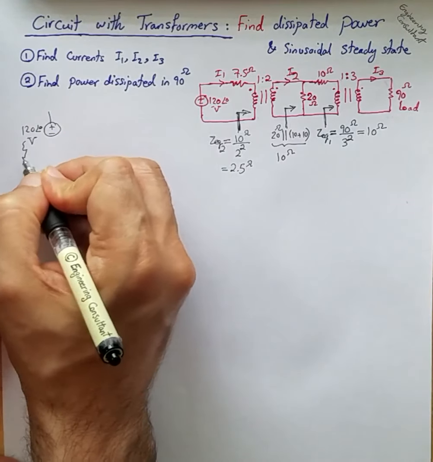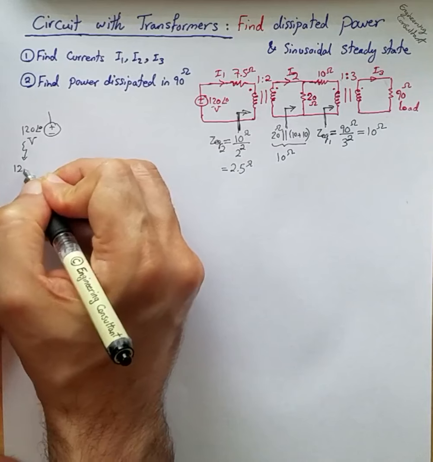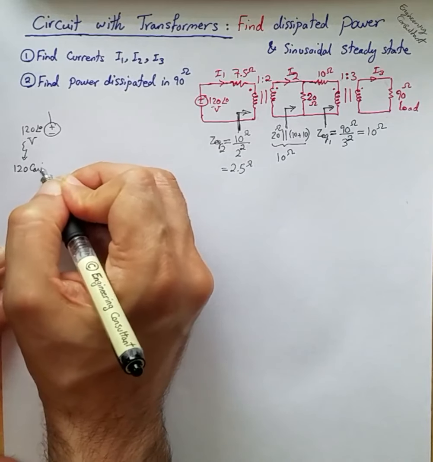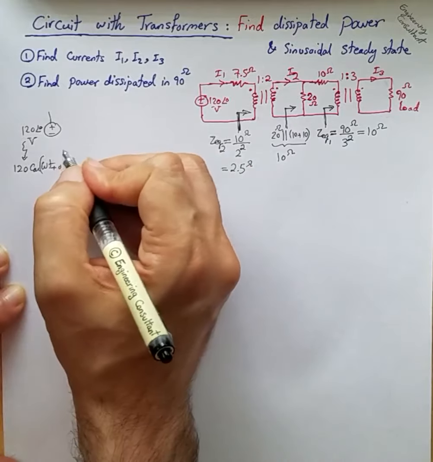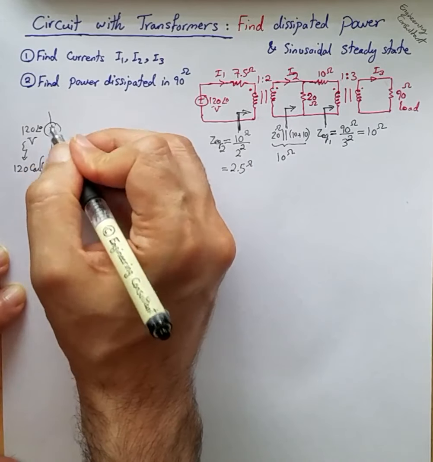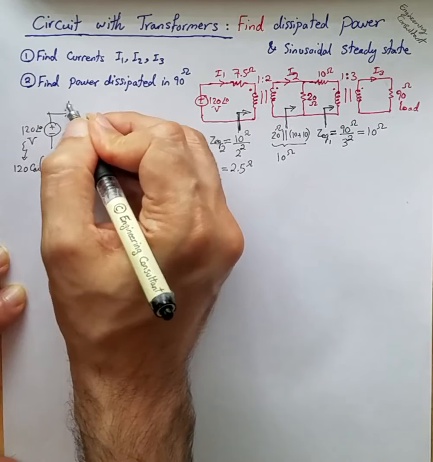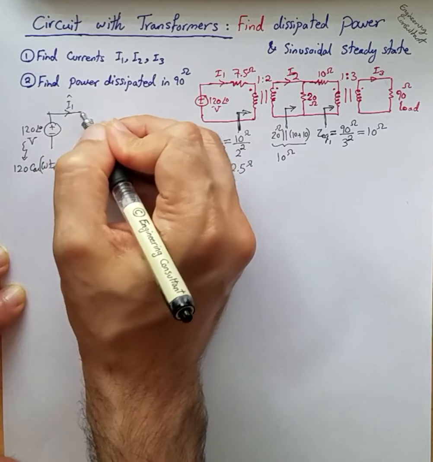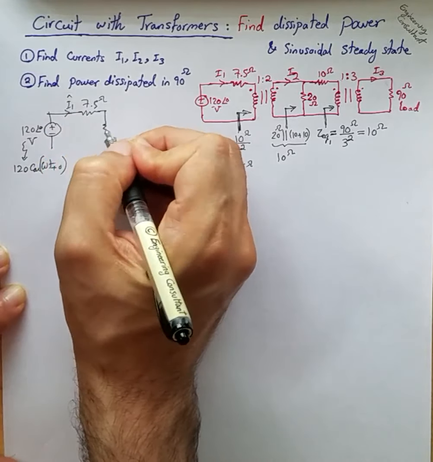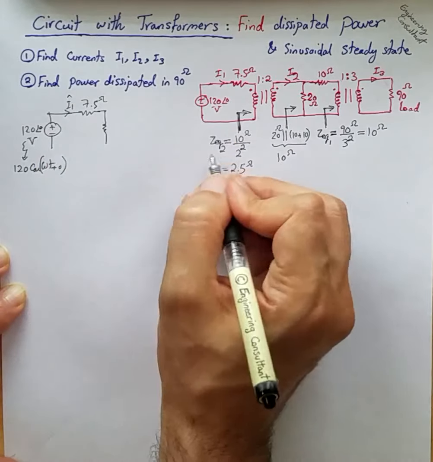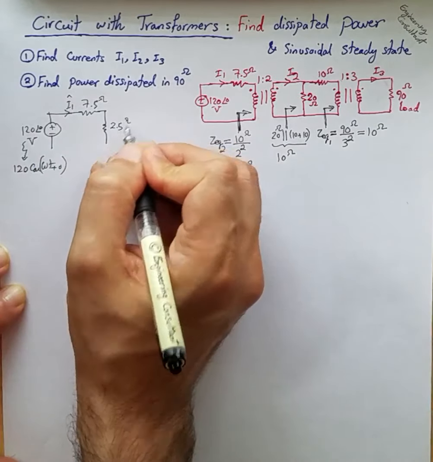So effectively the equivalent circuit has the 120 phase 0 phasor volt source, which means the applied voltage is 120 cosine omega t volts. There is current I1 phasor, then we have 7.5 ohm, and then the equivalent Z equivalent 2, which is 2.5 ohm.